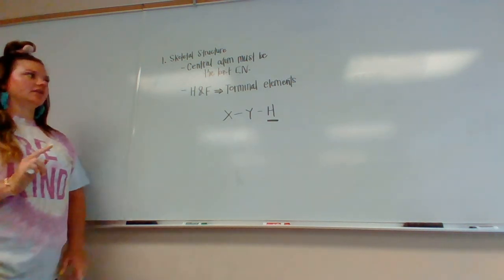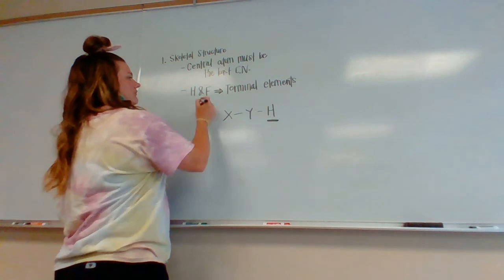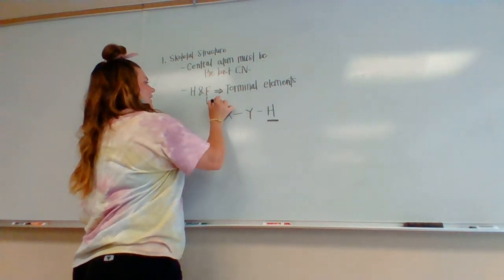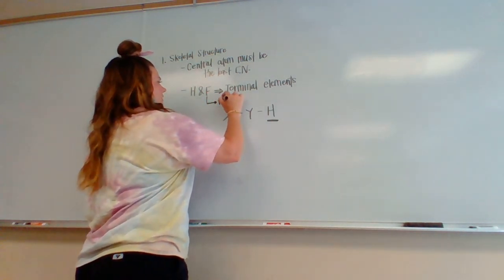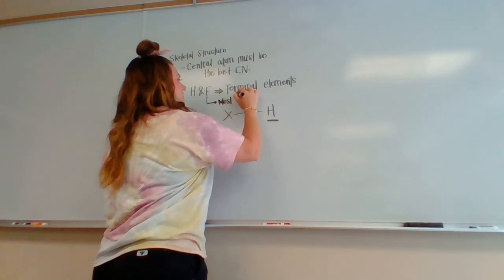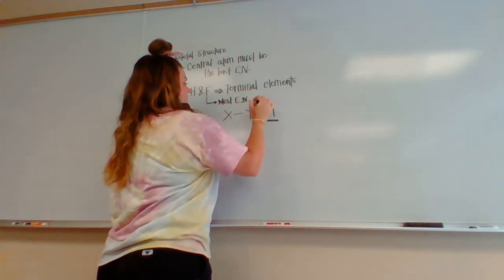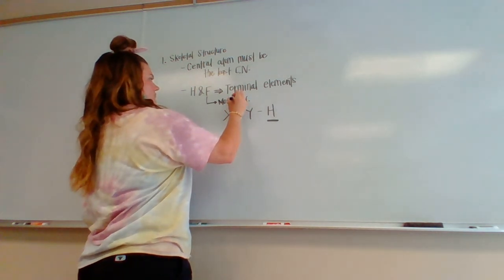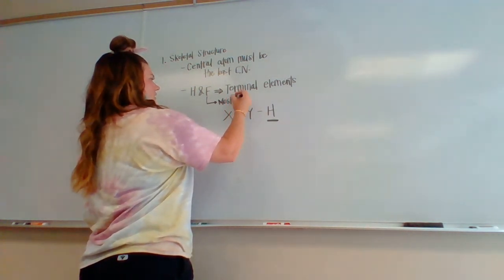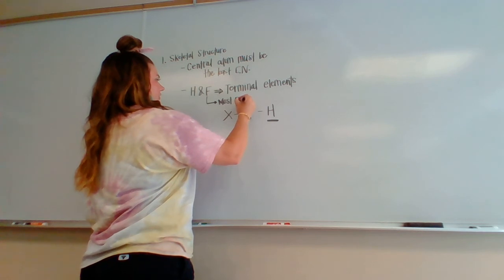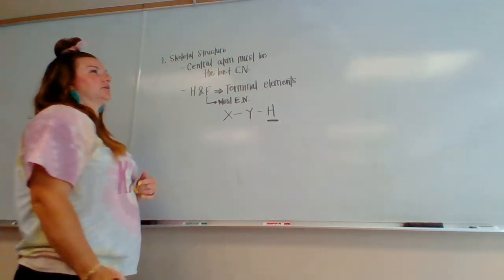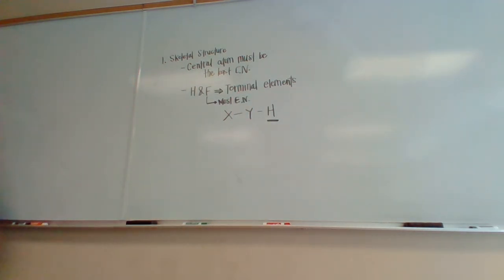The reason, well, you probably already know why fluorine would want to be terminal. Because it's just right there, most electronegative. It's almost a noble gas already. Technically we can say that about the other halogens, and some of them can be central atoms. But fluorine is electronegative.